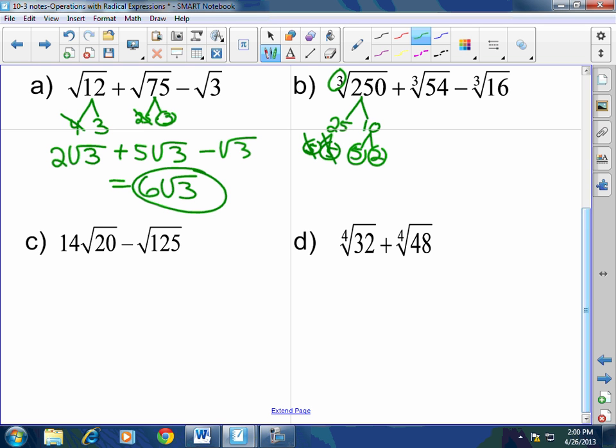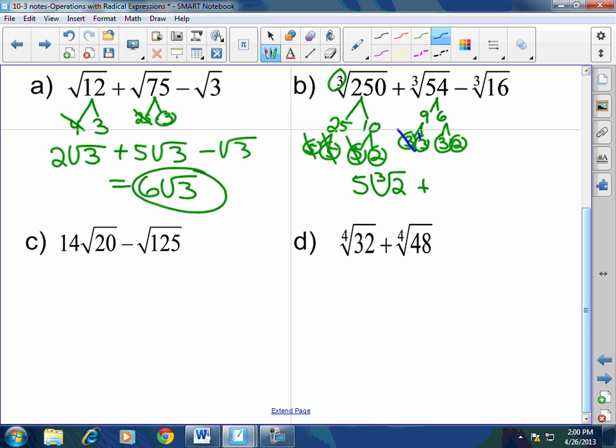A 5 and a 5 comes out as a 5. And I have a cube root of 2 left over. Did everyone just see that? Awesome. Plus, let's do the 54. 54 is, okay, 9 times 6, I can work with that. That's 3 and 2. Great job. I like the enthusiasm. 3 and 3.